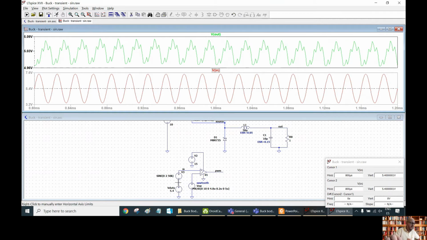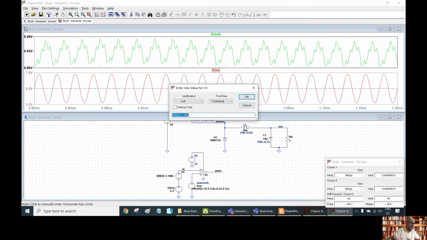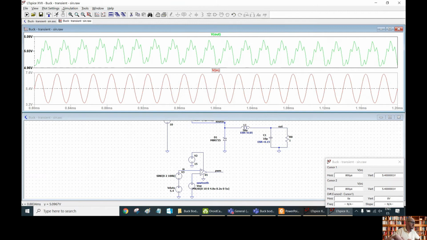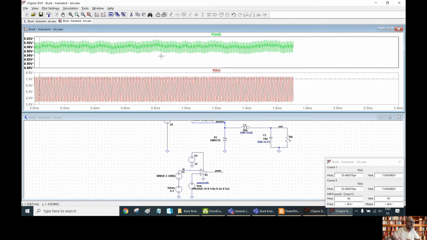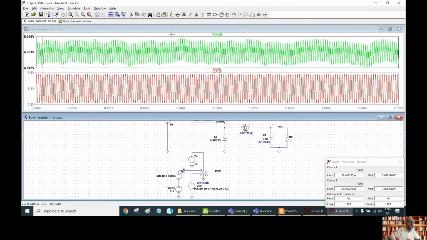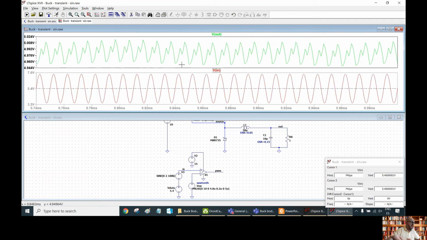Even if we go to 100 kilohertz, which is half of the switching frequency, we can see that now it is much more difficult to obtain or to distinguish the modulating frequency and the switching frequency.